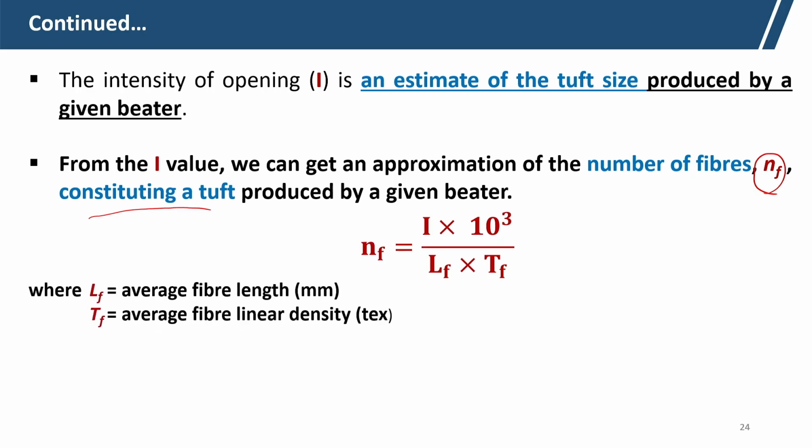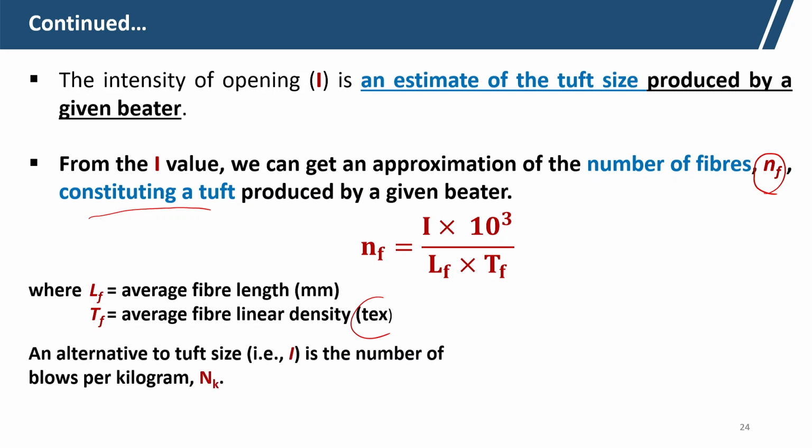LF is the mean average length of fiber in millimeter and TF is the linear density in tex of the fiber. So, here we can calculate the number of fibers in a smaller tuft. An alternative measure of tuft size is the number of blows per kilogram.